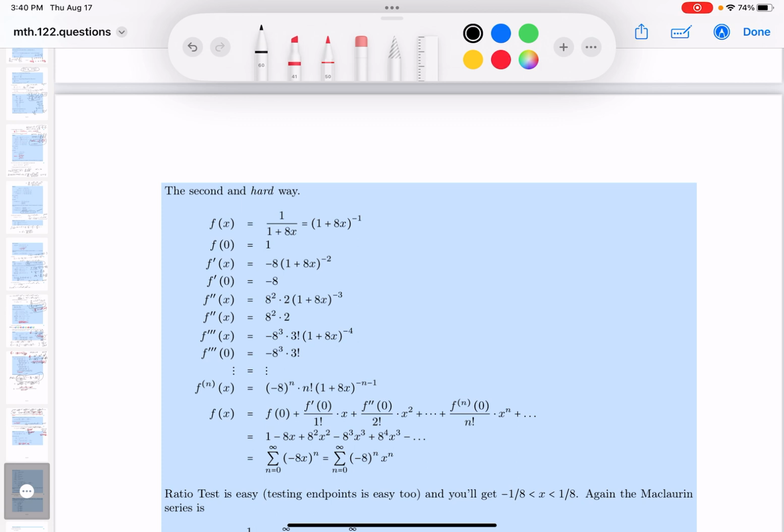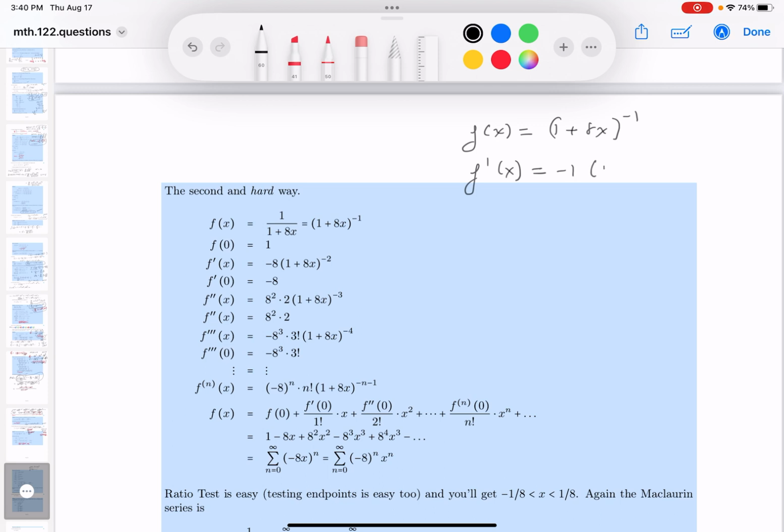It's just taking derivatives. So f of x is 1 over 1 plus 8x, so I'm just going to say 1 plus 8x to the minus 1. Now, the worst part about this is it requires taking derivative after derivative, hopefully to see a pattern. And what do you get there?